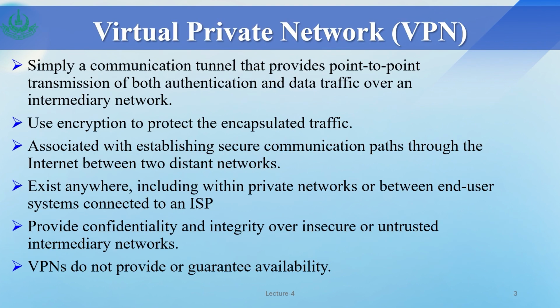First of all, we use the virtual private network, VPN. VPN is the initial and most secure way of communication over an intermediary network. It is simply a communication tunnel that provides point-to-point transportation of both authentication and data traffic over an intermediary network.